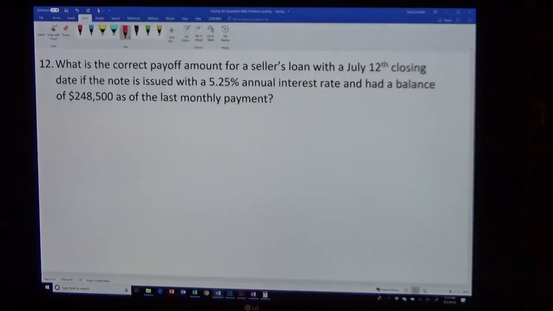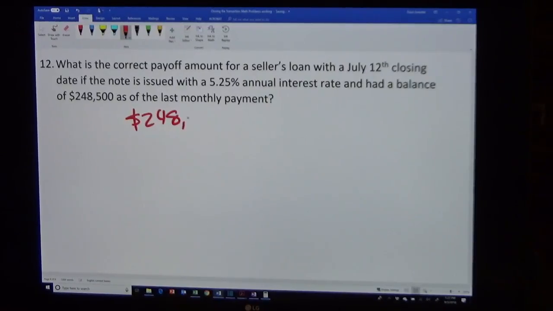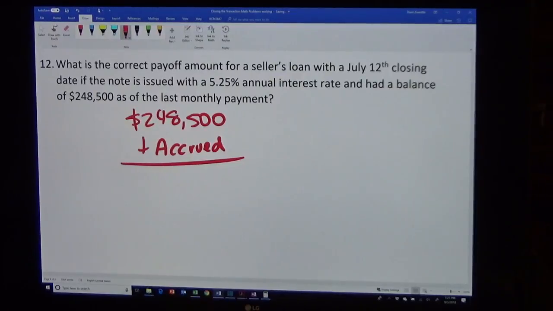So, the loan balance payoff, and we've done these before, is going to be the loan amount of $248,500 plus the accrued interest. So we need to know how much accrued interest. Well, it's July 12th, so there's 12 days of interest that's built up.